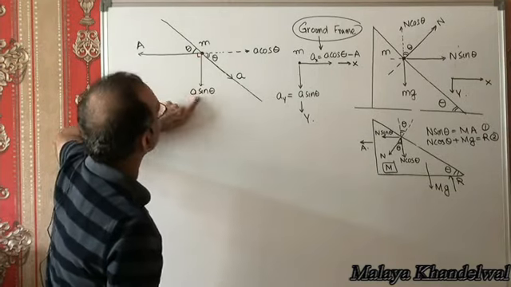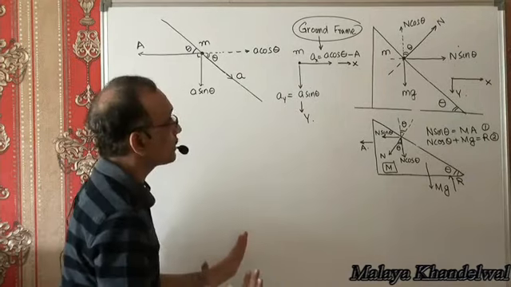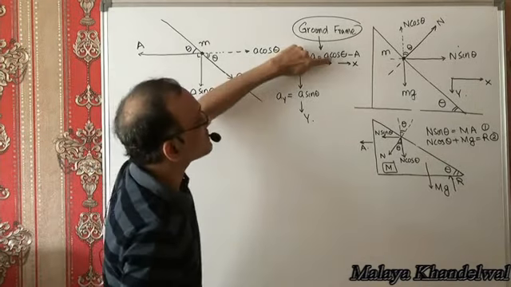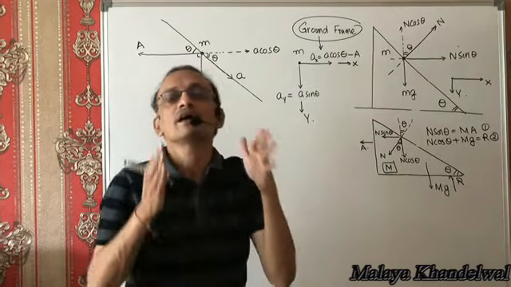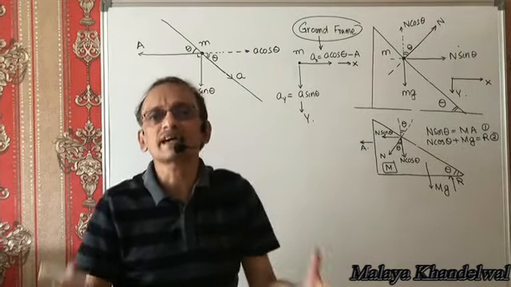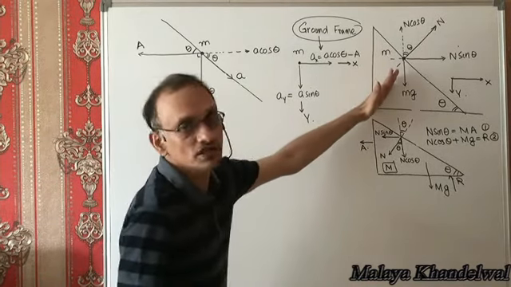In the y direction, it's like a sine theta this way. So in the ground frame, Ax is a cos theta minus capital A, and in the y direction, Ay is a sine theta. I'm going to apply Newton's second law along the x-axis and along the y-axis based on these forces.